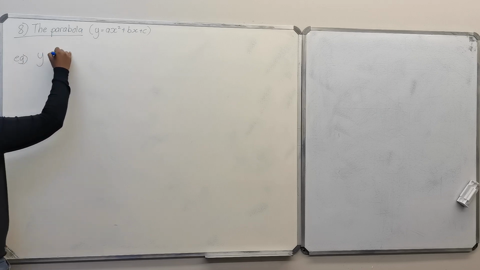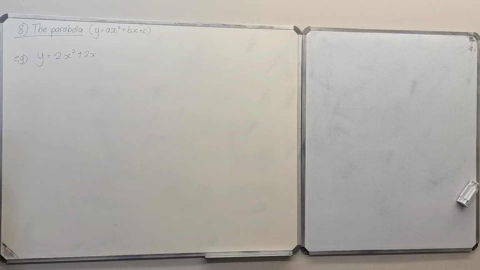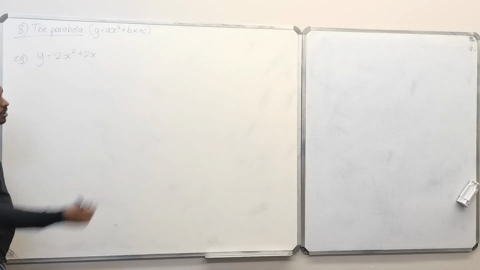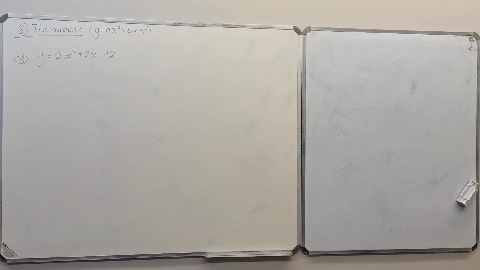Okay, let's do an example of how the graph would look. For a graph we need 2 or more points to actually plot it, right?